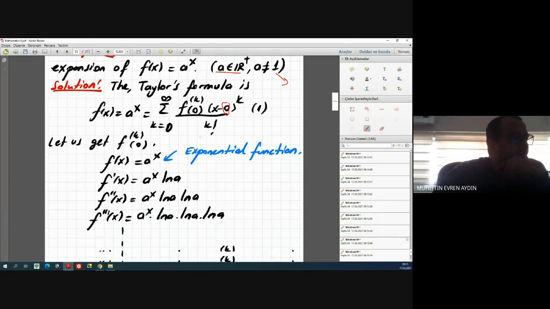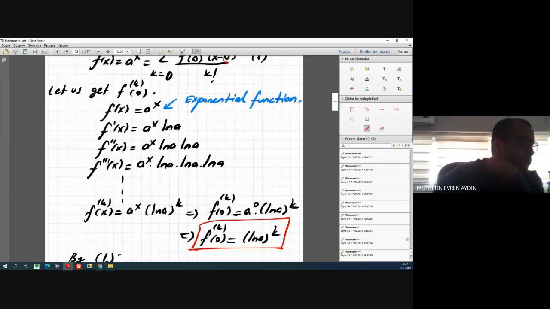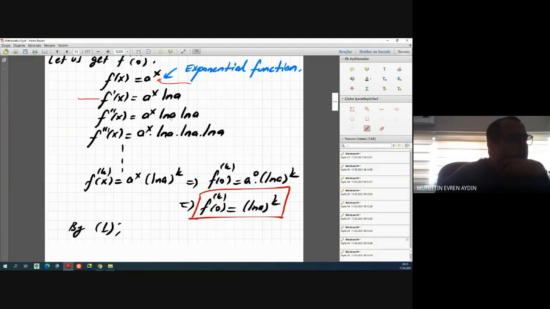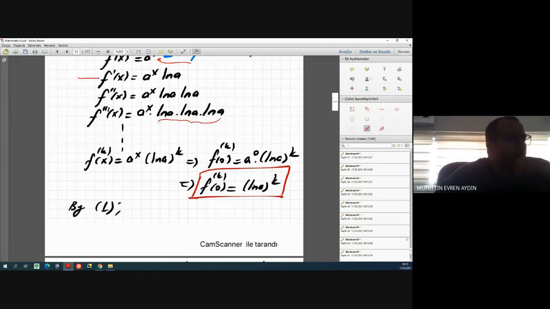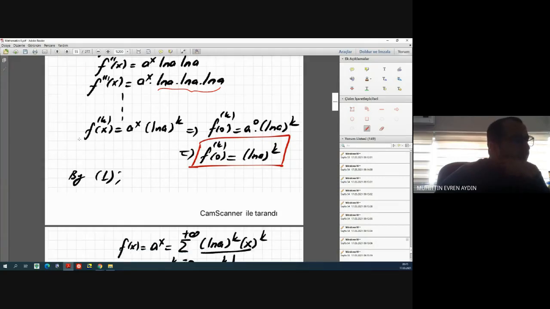So we have to find higher order derivatives. Okay, it's a power function. And if we use its derivative properties, the first order derivative is a power x multiplied by logarithm a, and then logarithm a square, and logarithm a power 3. So processing the same properties, we may find the kth order derivative equals a power x logarithm a power k.